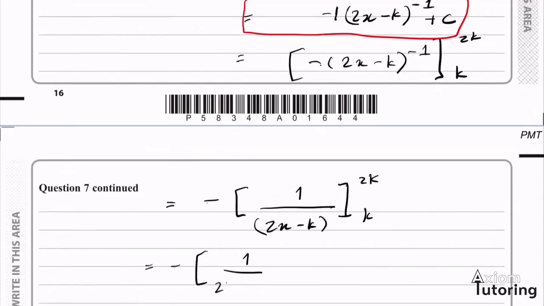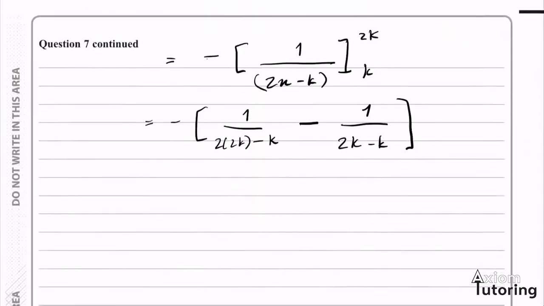That's 1 over 2 times 2k minus k, minus 1 over 2, where x is k now, 2k minus k. And so let's look at what each term becomes. So we have a minus at the front, 1 over 2 times 2k minus k. So this is 4k minus k. So we get 1 over 3k minus 1 over k, like that.